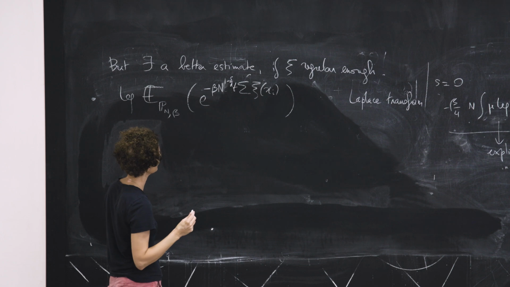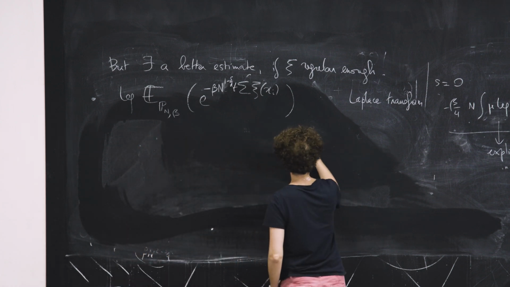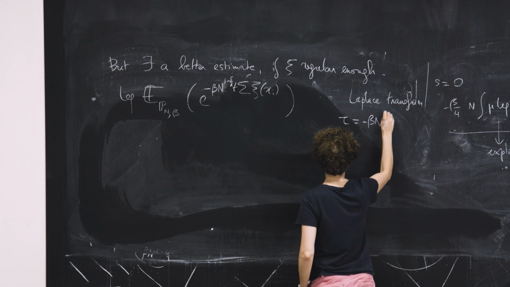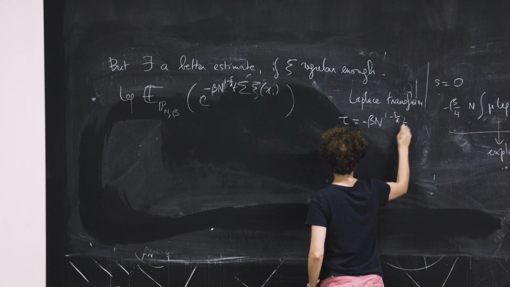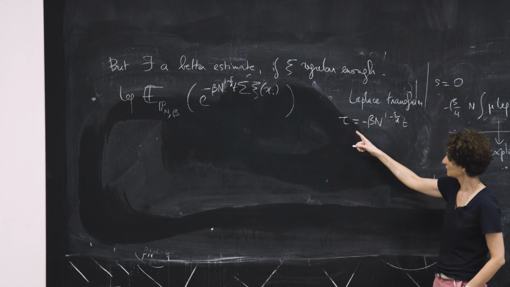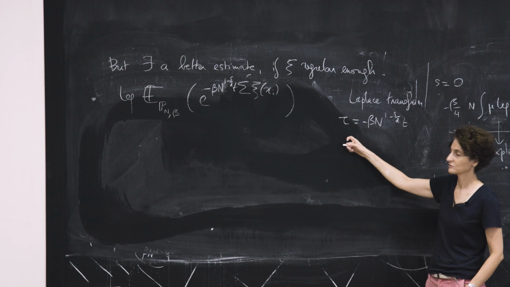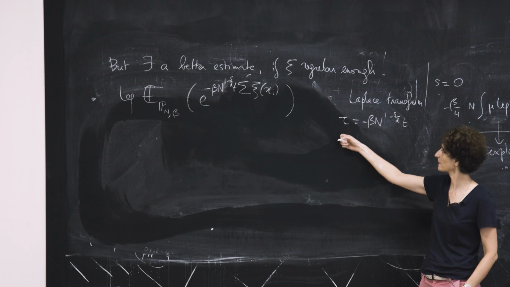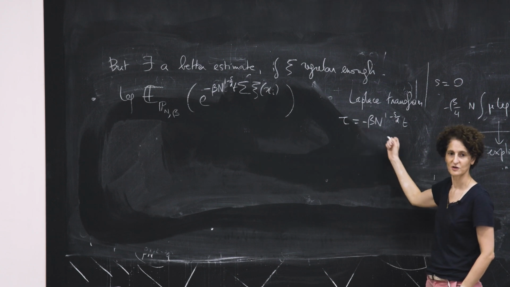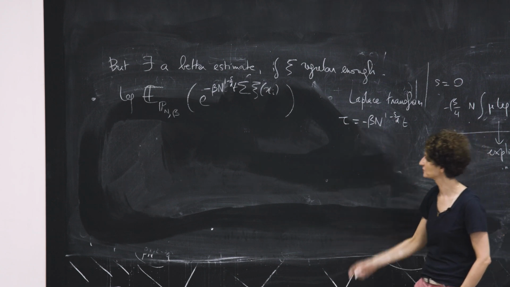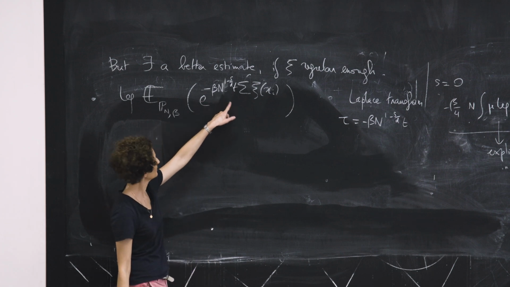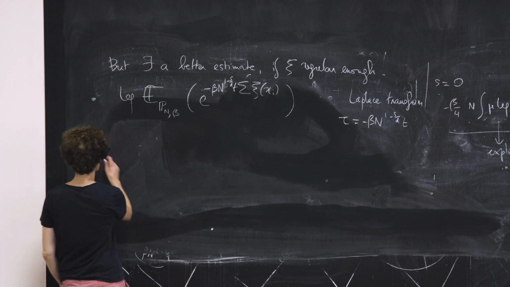Because if I want to get the Laplace transform later, I will set tau equals minus beta n^(1 - s/d) t, and I will have a Laplace transform as a function of tau, which is what I wanted. Okay, so there's a transformation that allows me to go back to the standard Laplace transform. And we're going to see in a minute why I choose the scaling like this.